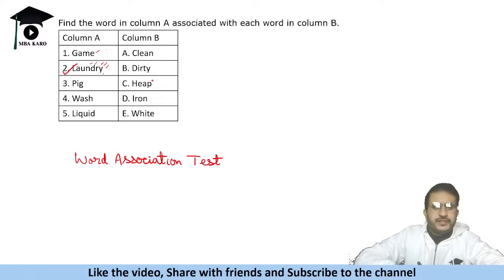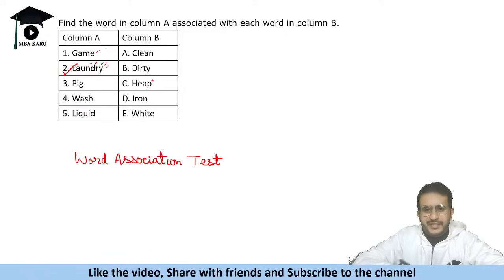Now if you see others, maybe pig: clean pig, dirty pig, you can call it. Heap will not match with pig. There is pig iron, a variety of iron that is called pig iron.